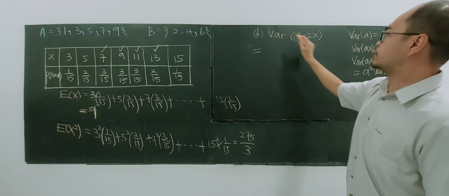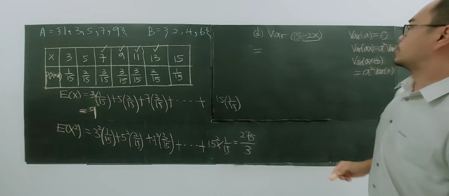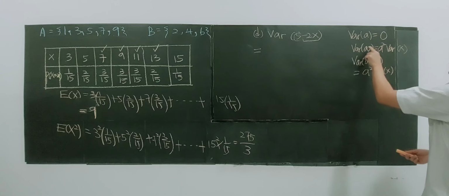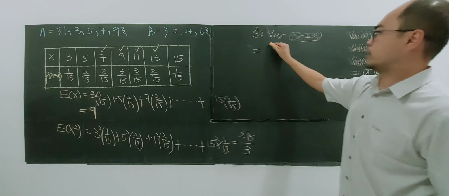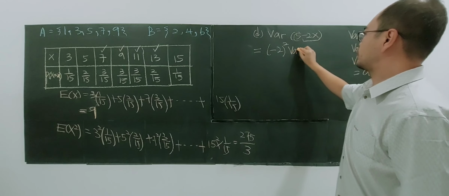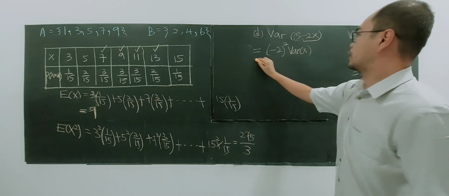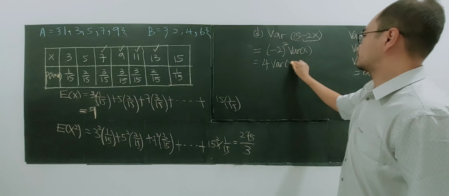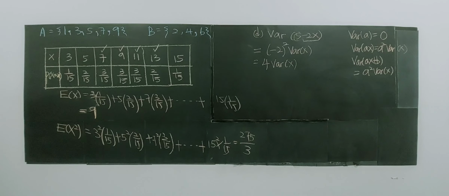And for the variance of negative 2X, variance of 5 you know is 0. Variance of negative 2X: you take the negative 2 and put the power of 2 here, so it becomes 4 variance of X. Later on we can apply the formula for variance.